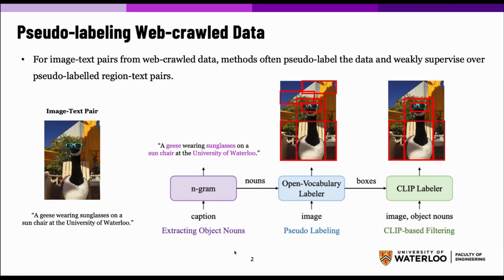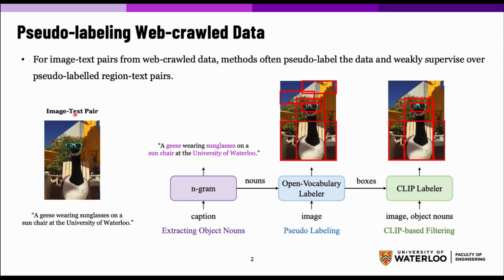Because there's no specific region paired with each word in the phrase for web crawl data, a lot of methods actually pseudo-label. And what does that look like? Let me get my pen out. Here we go.